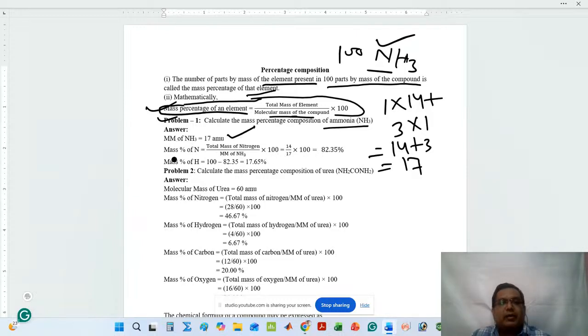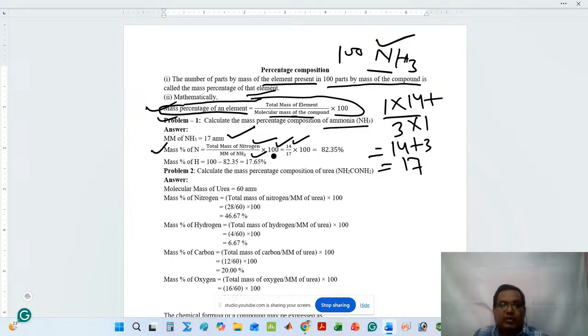Now I will try to find the mass percentage of nitrogen. The formula is total mass of nitrogen divided by molecular mass of ammonia, into 100. Total mass of nitrogen means I can write 1 into 14, that is 14.